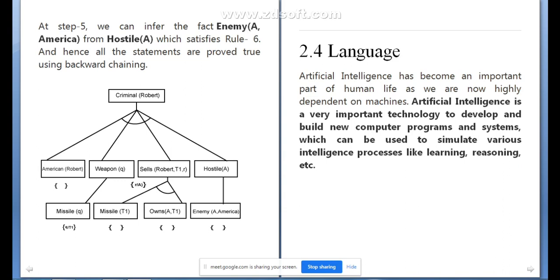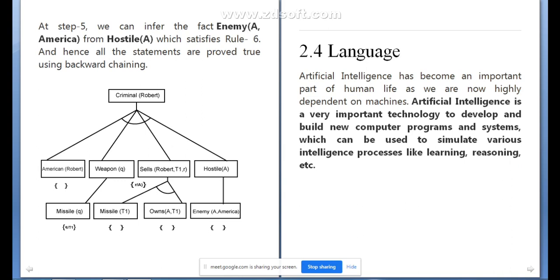What do you think, which languages will be used if we have to build artificial intelligence? Artificial intelligence has become an important part of our life as we are now highly dependent on machines. It is a very important technology to develop and build new computer programs and systems which can be used to simulate various intelligence processes like learning, reasoning, and so on.